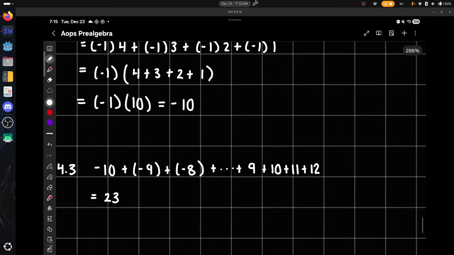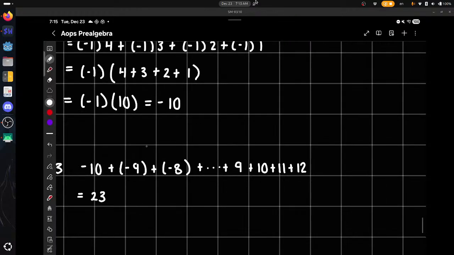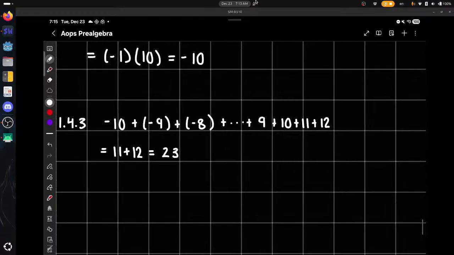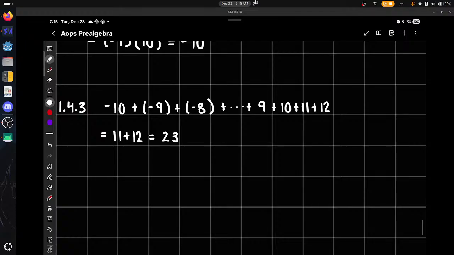Because these are all the negations of it. So negation, negation, negation. We're just left with these two terms. So we'll say that 11 plus 12 is 23. Okay, next problem.